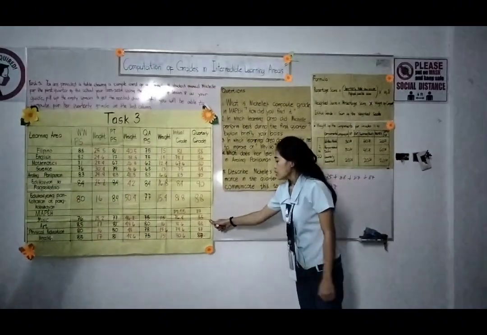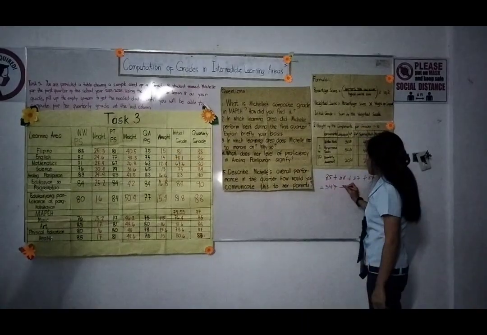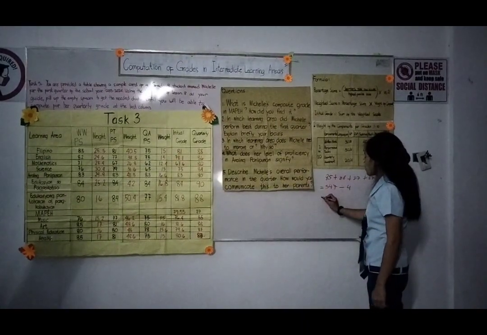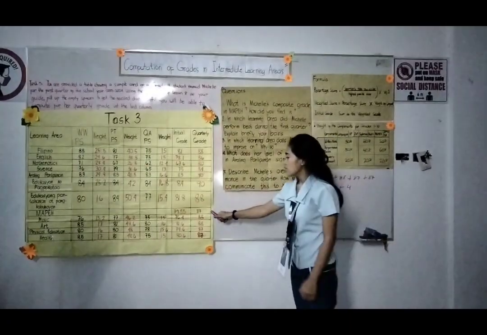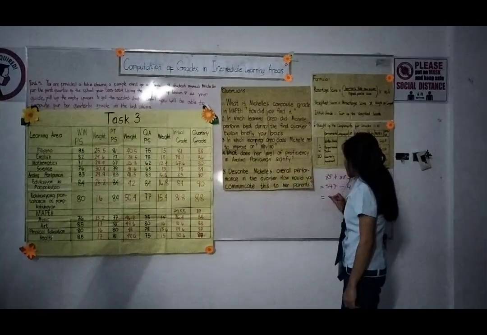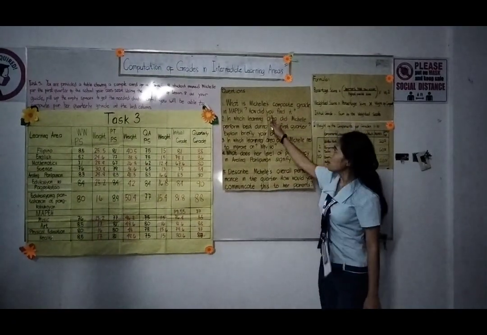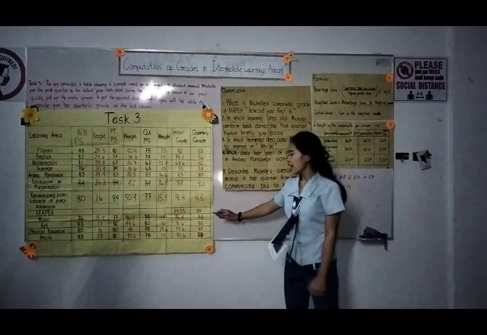And divided by 4, which is we have 87. So Michelle's composite grade in MAPEH is 87.